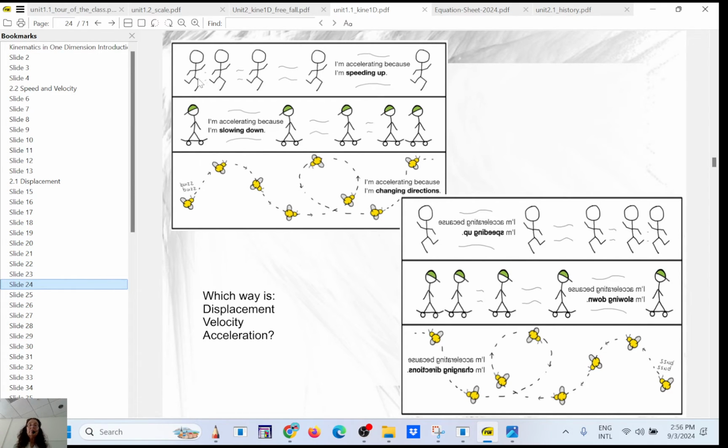Is the velocity positive or negative? Positive. The force, the thrust. So you're pushing the floor and the floor is pushing you back. So is the thrust to the right or to the left? To the right. So the acceleration is also to the right.